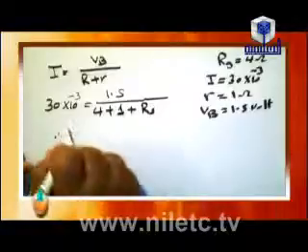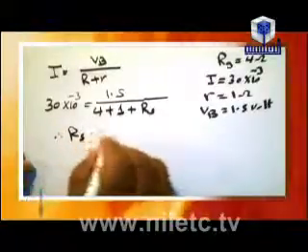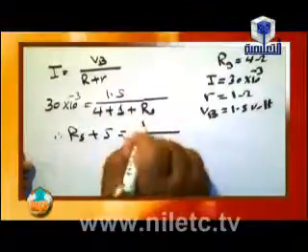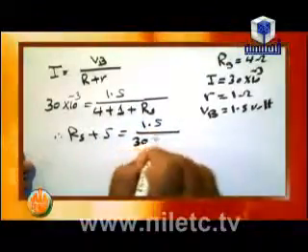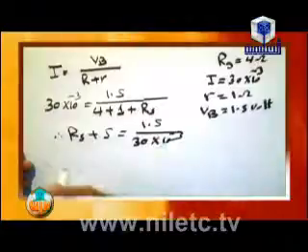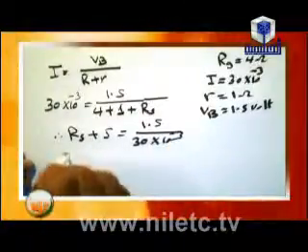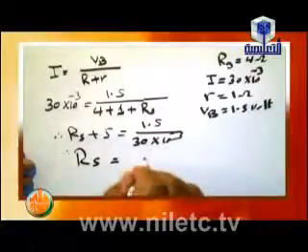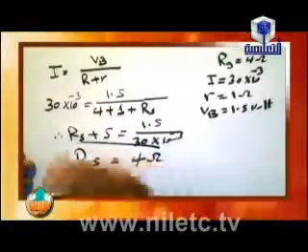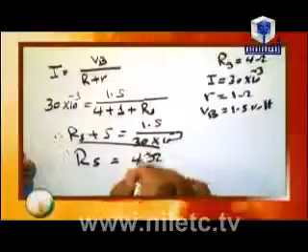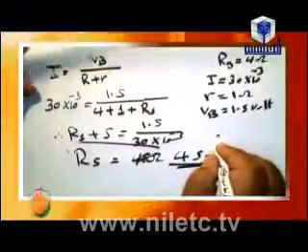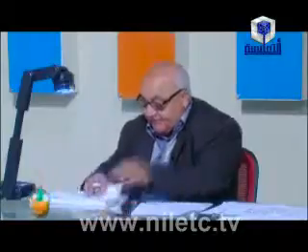Then R standard plus 5 equals 1.5 over 30 times 10 power negative 3. Then R standard equals 45 ohm. This is the standard resistance, the fixed resistance in the ohmmeter.